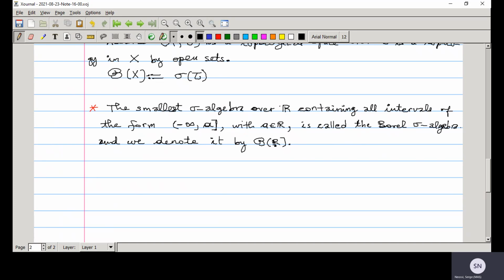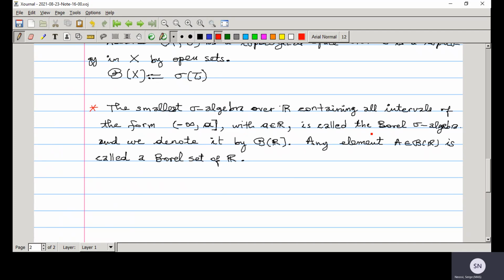Now, any element of BR is called a Borel set of R. So these are definitions.